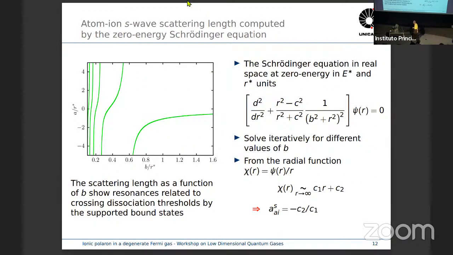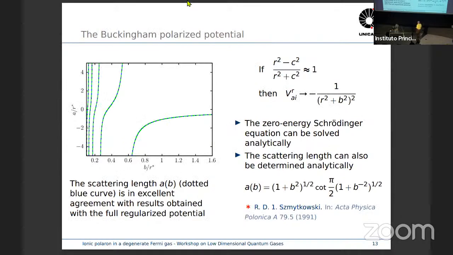To determine the scattering length for S wave, what we do is to solve the Schrödinger equation for zero energy. We solve iteratively for B: we give one value of B and then solve the equation. And from the radial function, we get the scattering length.